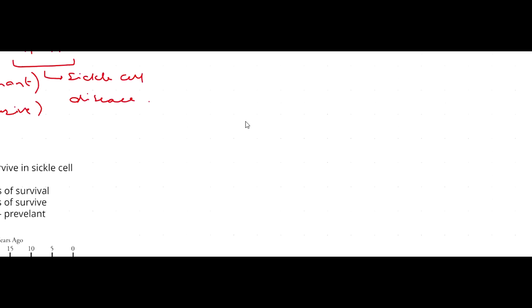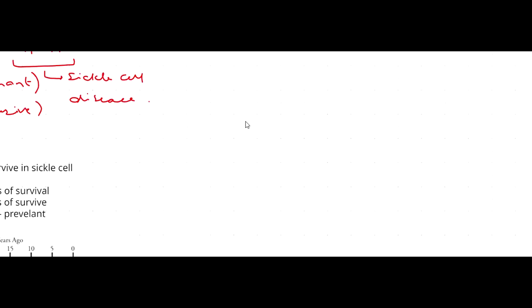Because as you know, a lot of the species that used to be here at some point have become extinct. One of the biggest examples is obviously dinosaurs. Dinosaurs are now considered to be extinct. Dodo birds are also considered to be extinct.